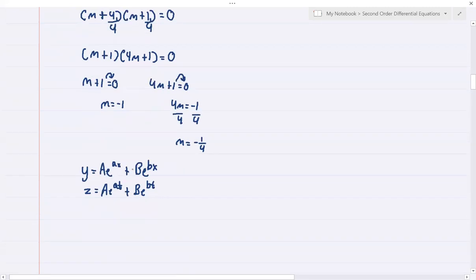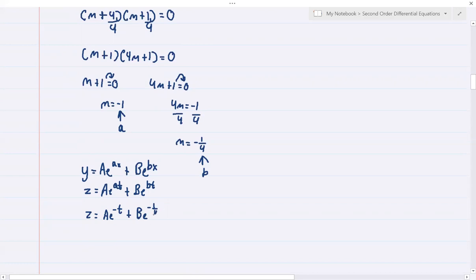Let's find your small a and your small b. For me, this will be my small a, and this would be my small b. So I will have z is equal to a e raised to negative t plus b e raised to negative 1/4 t.